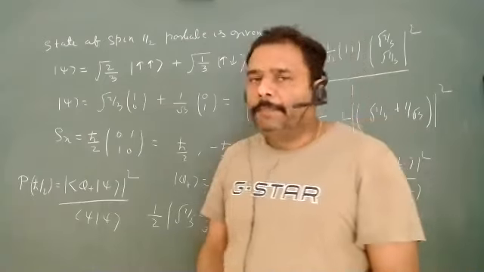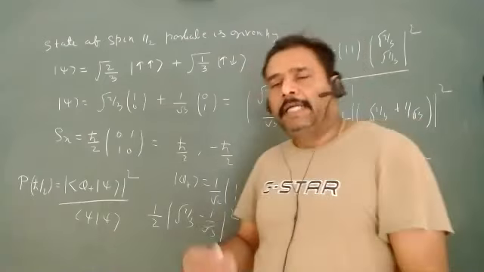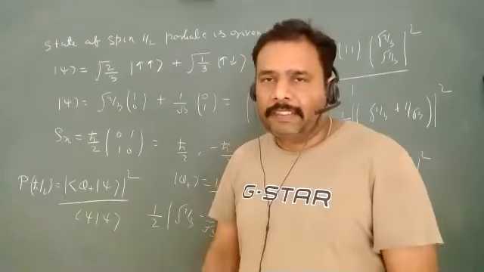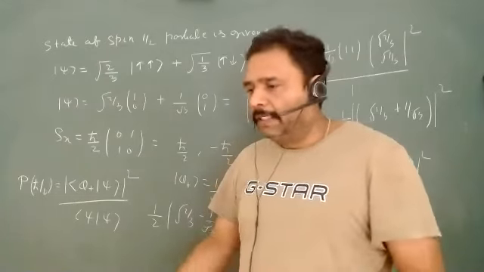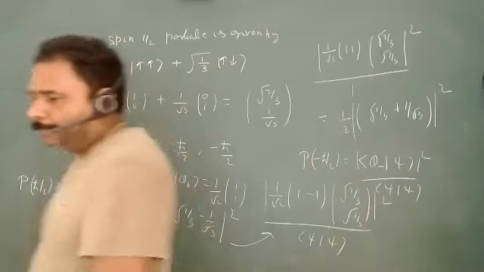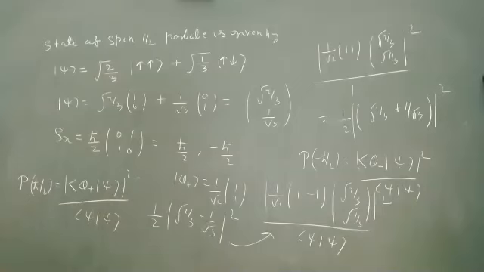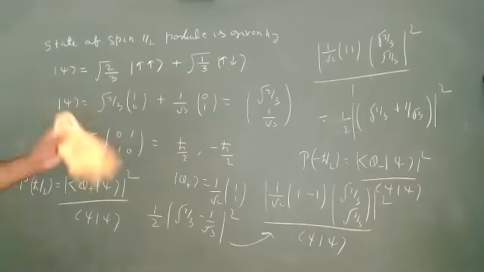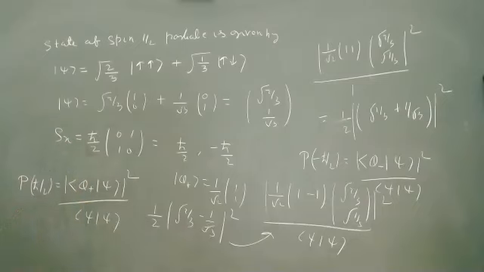But you have to remember what your Sx operator is, what the eigenvalues of Sx are, what the eigenvectors of Sx are, and so on. Are you okay? Yes, sir. So always try to write this in matrix form. Okay. Let's go for next.